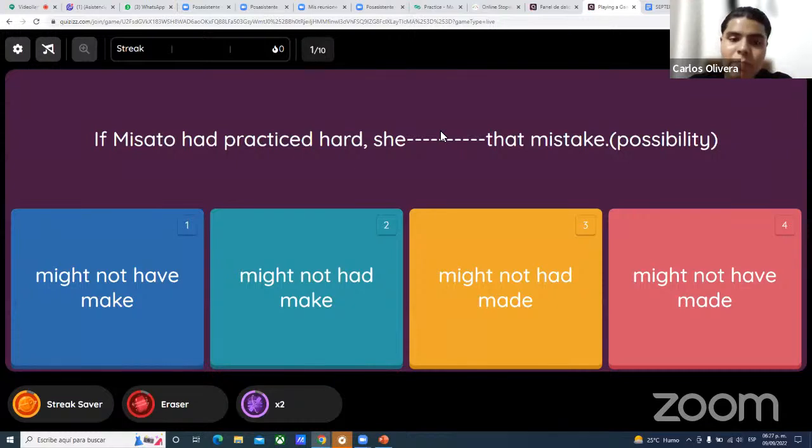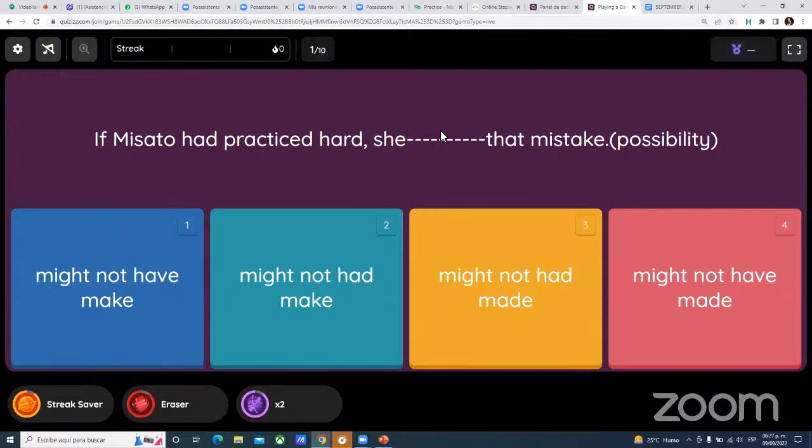So if Misato had practiced hard, she, and now remind, would or might is the same. She may not have made the number 4.